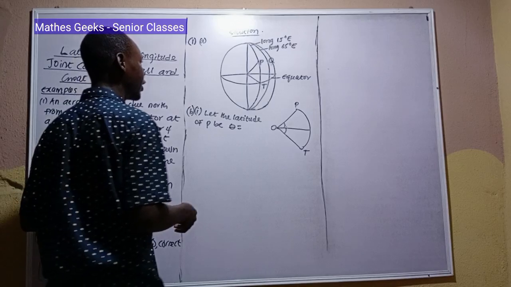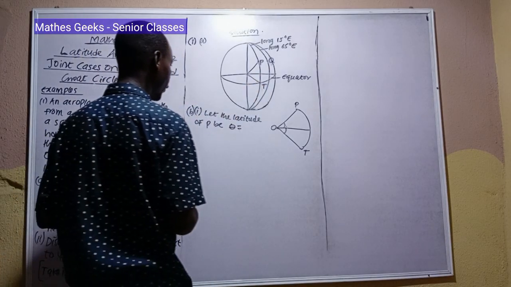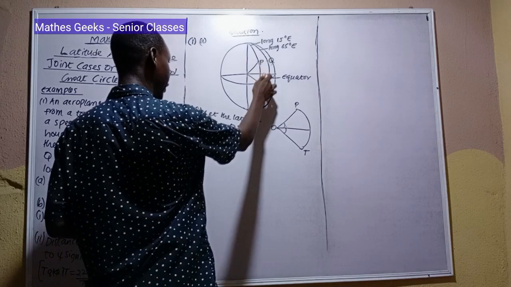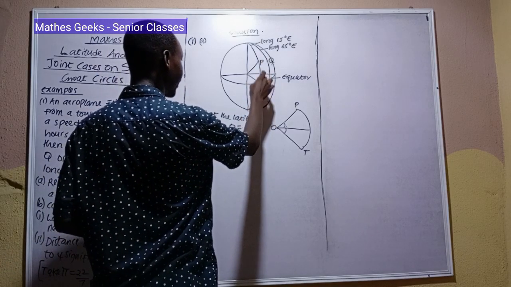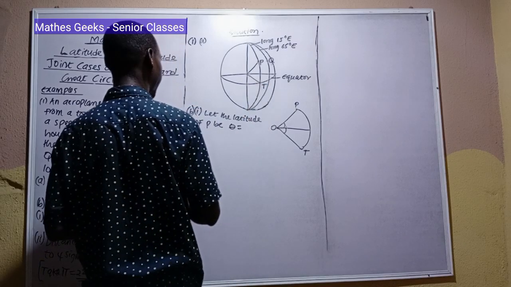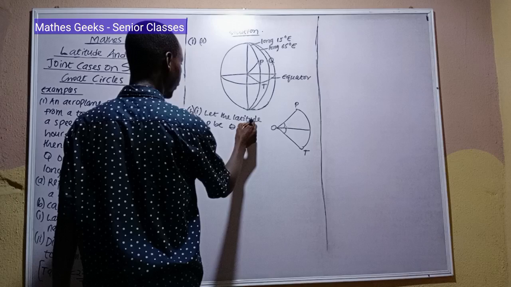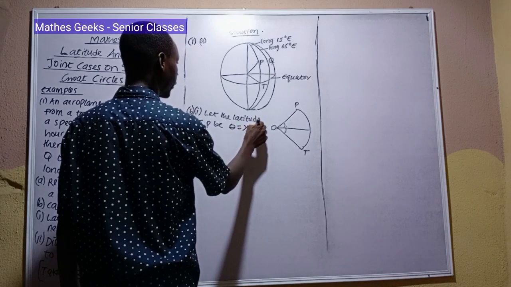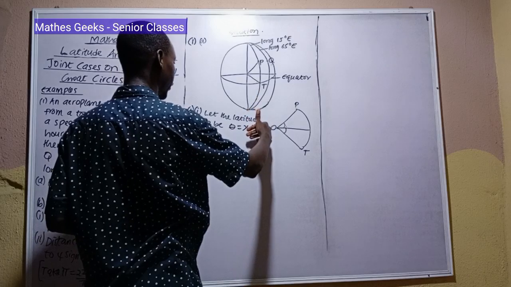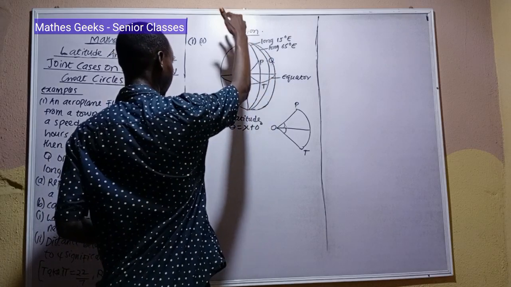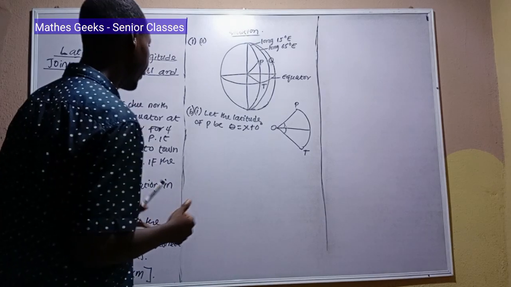Every other line of latitude is parallel to the equator, which is why they are called parallels of latitude. Since T is on the equator, its latitude is 0 degrees, and P is in the northern hemisphere, so we add the latitudes for the angular difference.